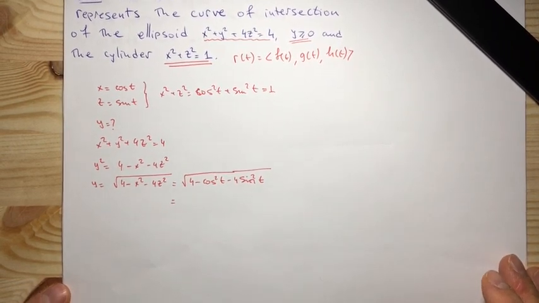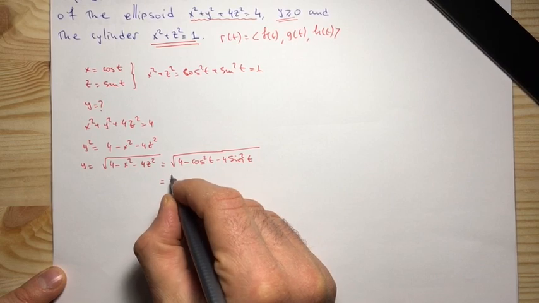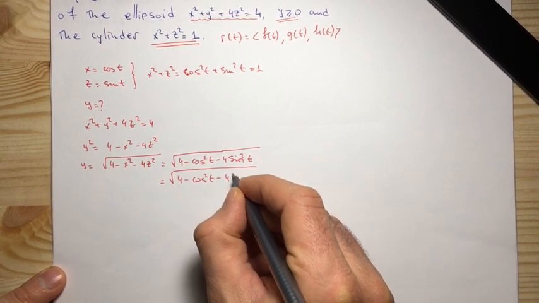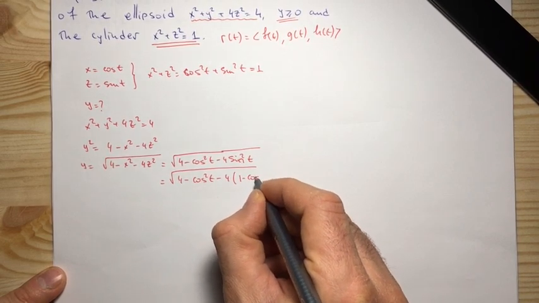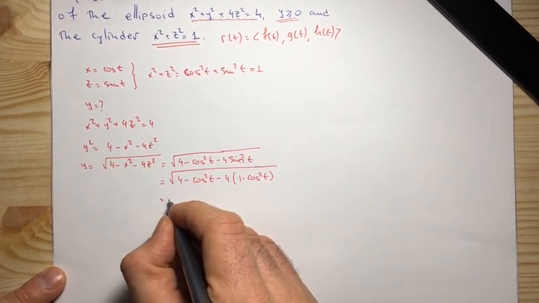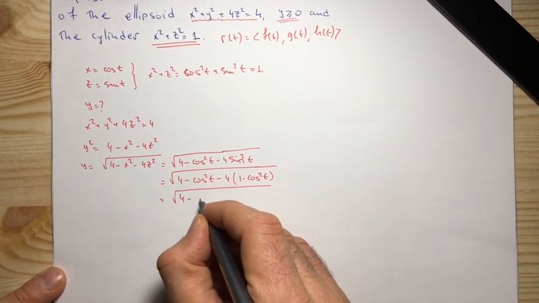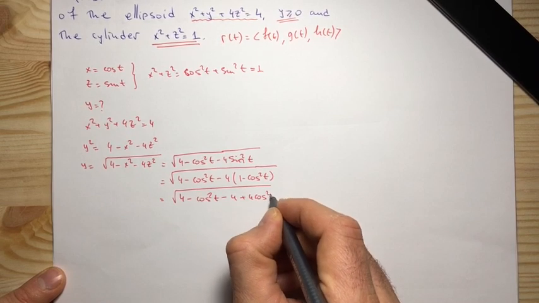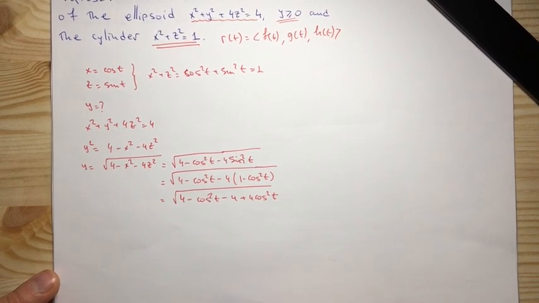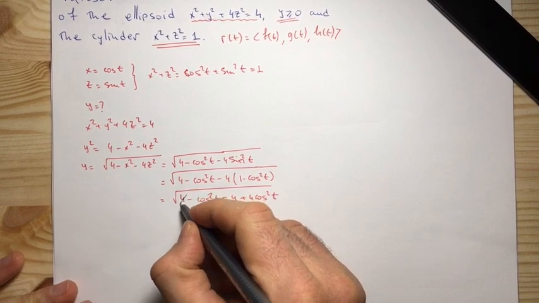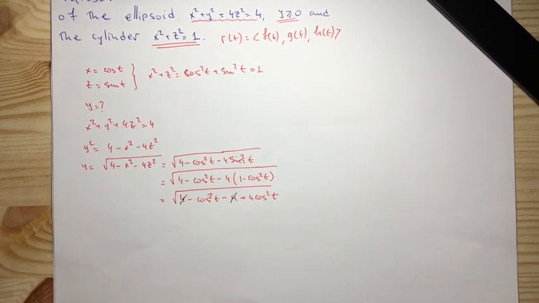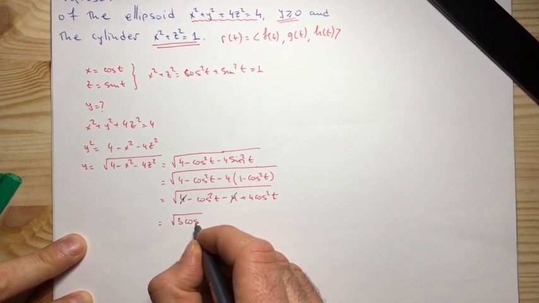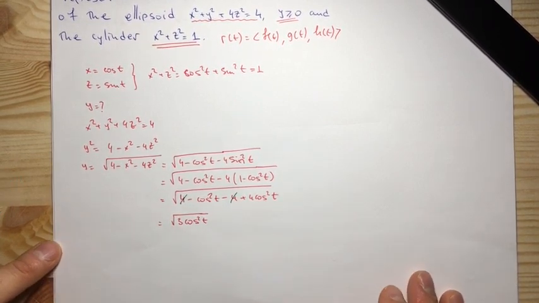And here I can continue simplifying this in the following way. Square root of 4 minus cosine squared t minus 4 sine squared t, which is 1 minus cosine squared t. Drop the parentheses. 4 minus cosine squared t minus 4 plus 4 cosine squared t. Simplify the expression under the root, and you get square root of 3 times cosine squared t.